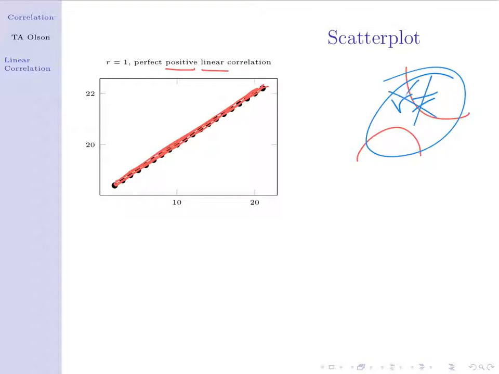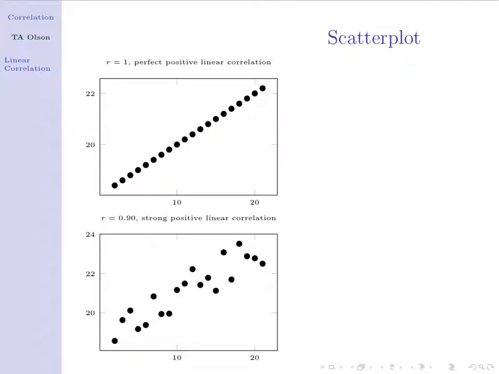Okay, so we don't want to use R if we have a curved shape. It only tells us the linear. So 1 is perfect positive linear. If we have an R of 0.9, we certainly have a really strong positive linear correlation, right? As one of them increases, the other one also increases, but it might not be perfect. There's some scatter, there's some cloudiness to the data.